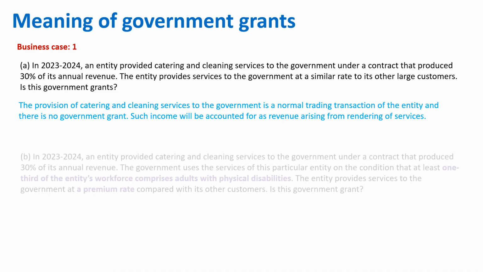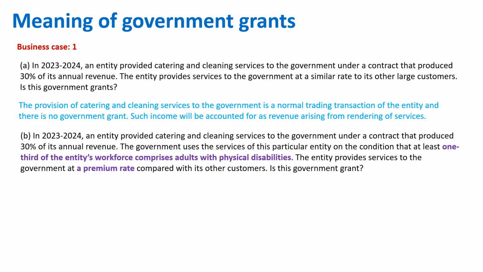Now let's take example B. In 2023-24, an entity provided catering and cleaning services to the government under a contract that produced 30% of its annual revenue. It's equal to example A. The government uses the services of this particular entity on a condition that at least one-third of the entity's workforce comprises adults with physical disabilities.